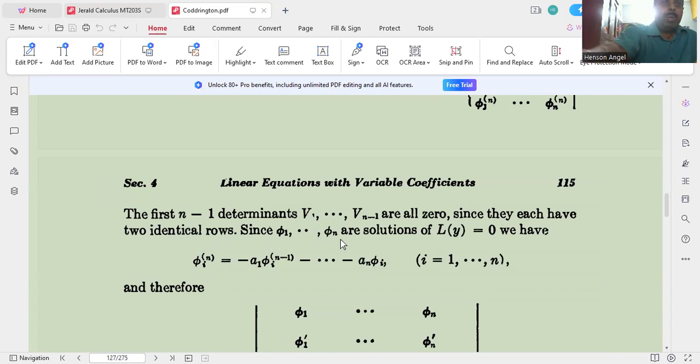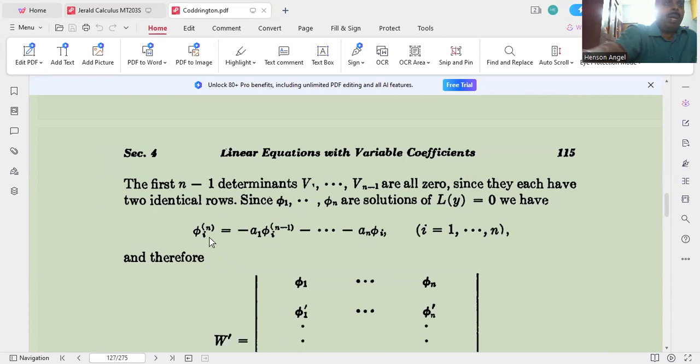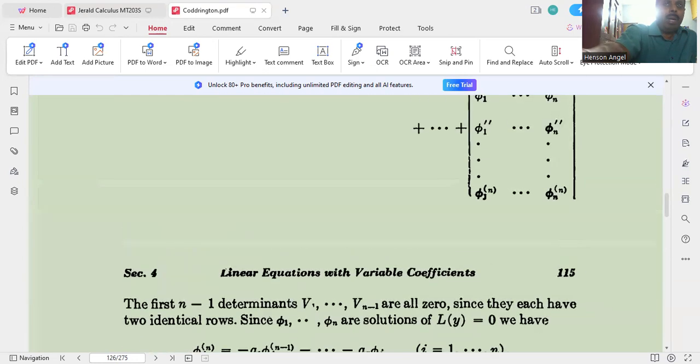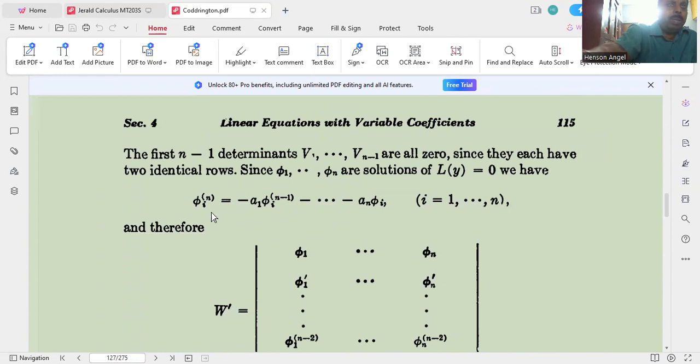Since φ1, φ2, ..., φn are solutions of L(y) = 0, we have φi^(n) = −a1 φi^(n−1) − ... − an φi. Therefore, in this last row, all the values φ1^(n), φ2^(n), ..., φn^(n) are replaced using this equation.